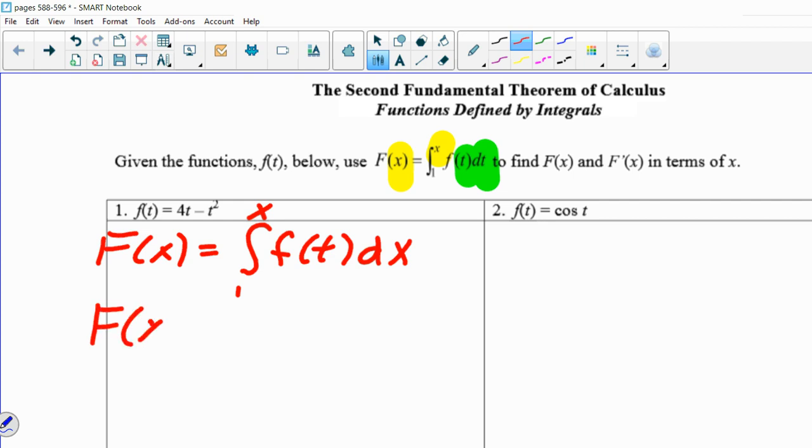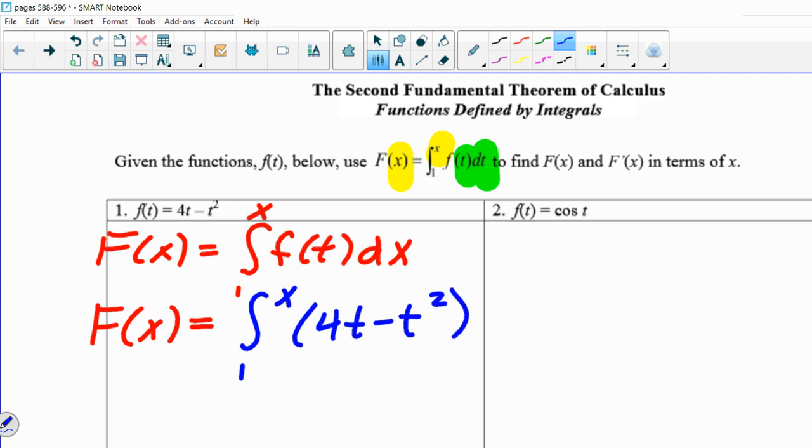So big F of x is the integral from 1 to x of 4t minus t squared dt. Okay?